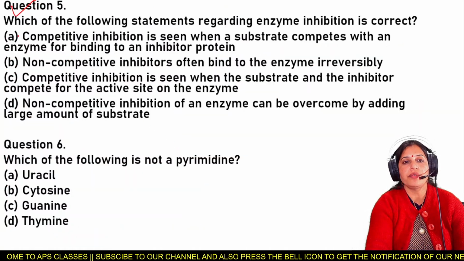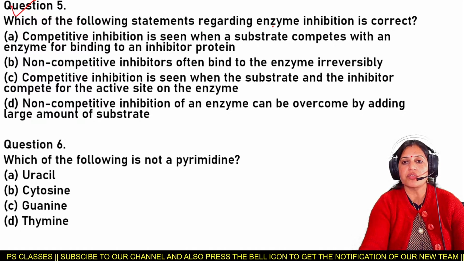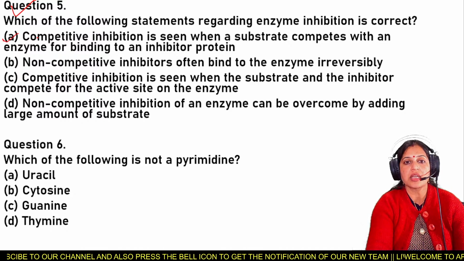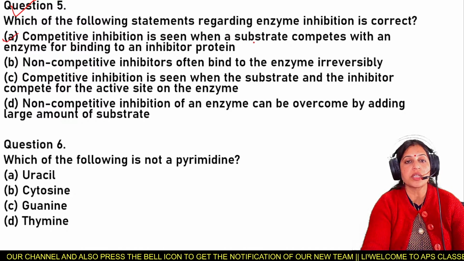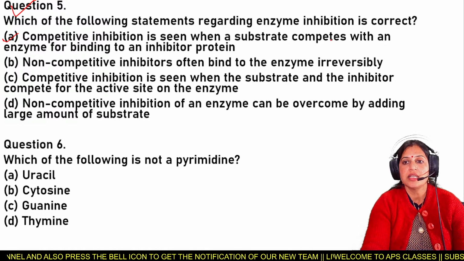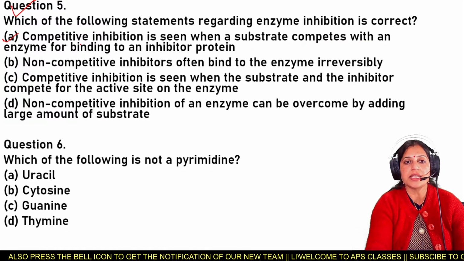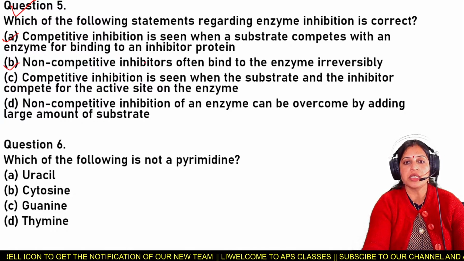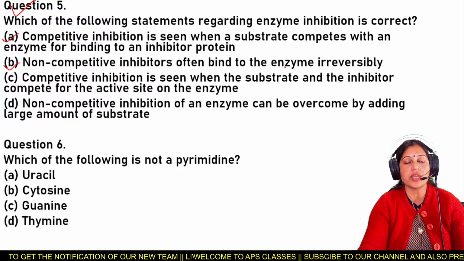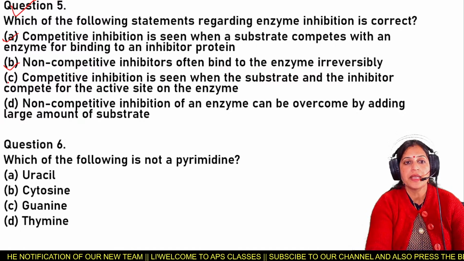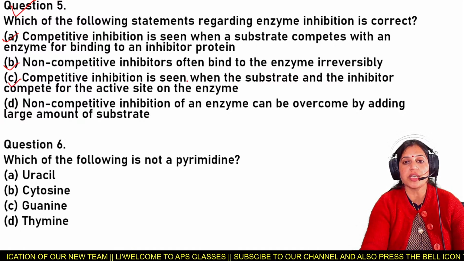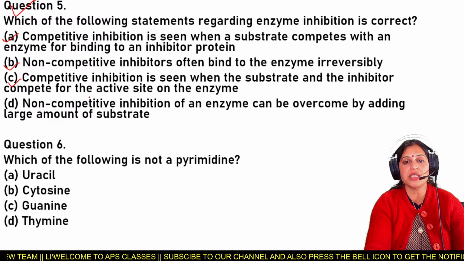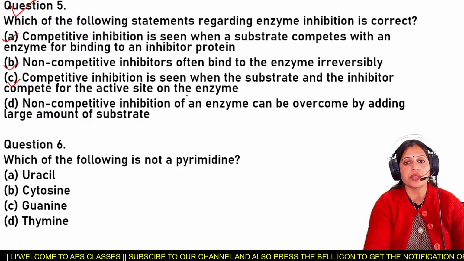Now shift to question number 5. Which of the following statements regarding enzyme inhibition is correct? Options: A, competitive inhibition is seen when a substrate competes with an enzyme for binding to an inhibitor protein. B, non-competitive inhibitors often bind to the enzymes irreversibly. C, competitive inhibition is seen when the substrate and the inhibitor compete for the active site on the enzyme.